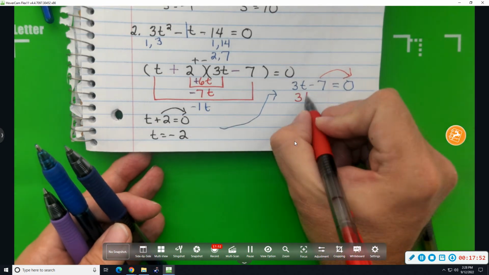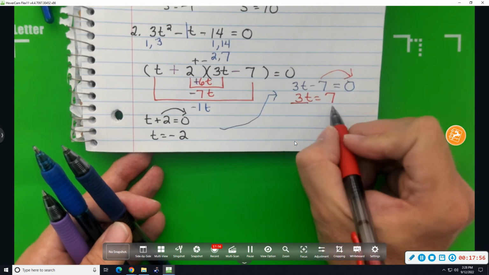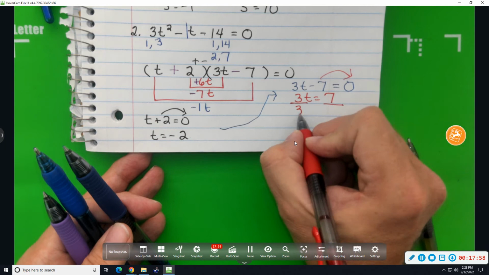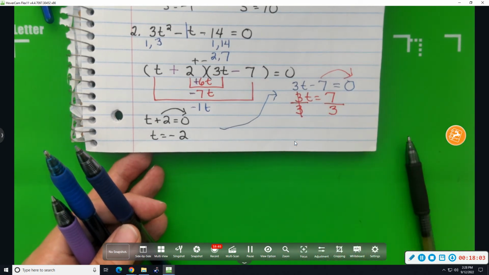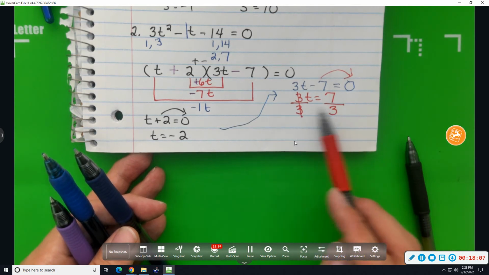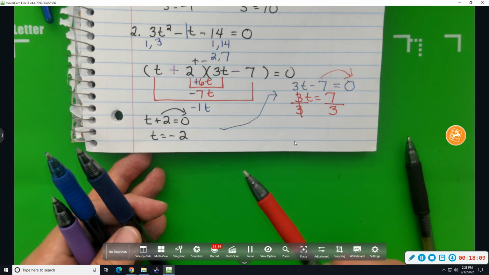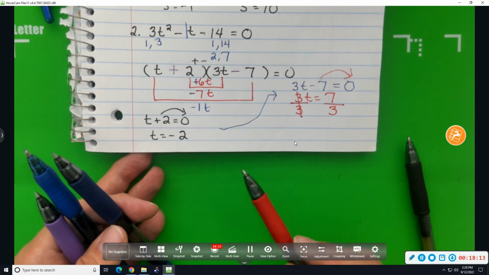So add 7 to both sides, divide both sides by 3. We want the t completely by itself. That's probably dividing by 3. Sometimes I'll see students divide by 7. No, that wouldn't get the t by itself. In fact, that'd put a 3 over 7 in front of the t.